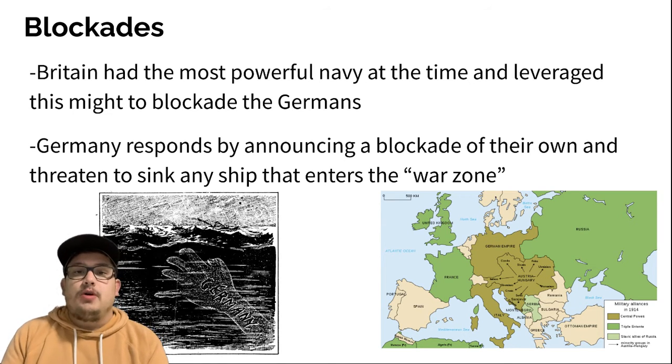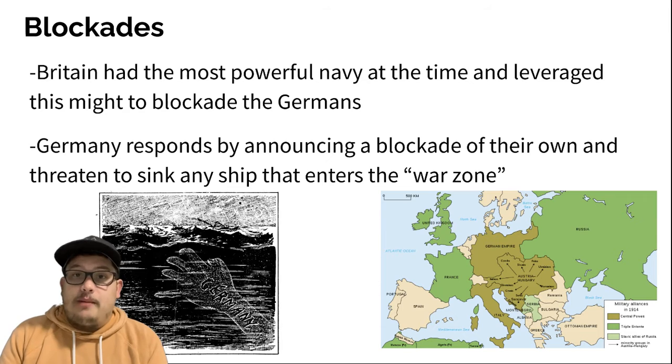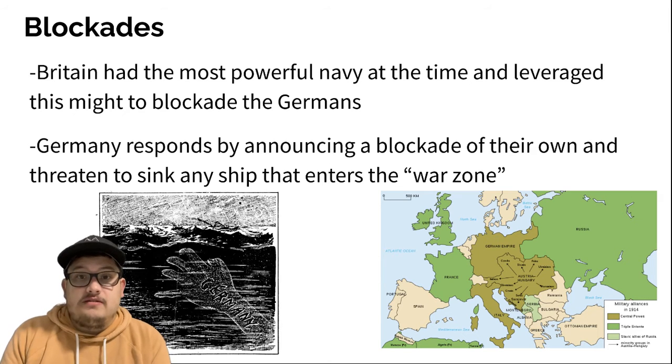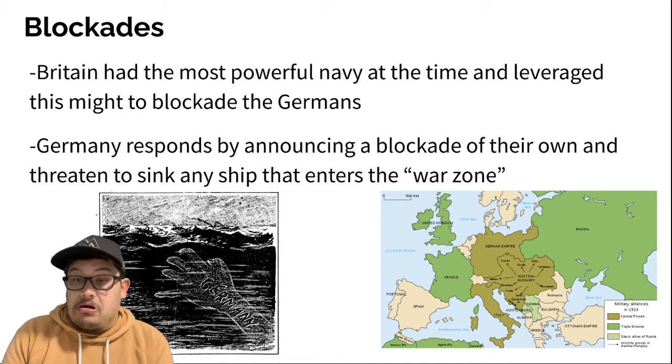Britain has the most powerful navy at the time, and they're going to leverage that to blockade the Germans. If you look at the map of Europe, that's a pretty effective thing that Britain can do, because Germany kind of is landlocked on the south, and so they really need that access up north, and Great Britain can play a big factor in blockading that.